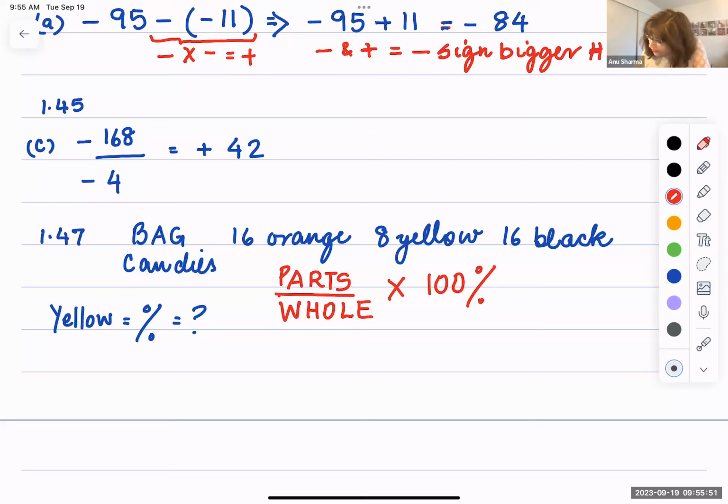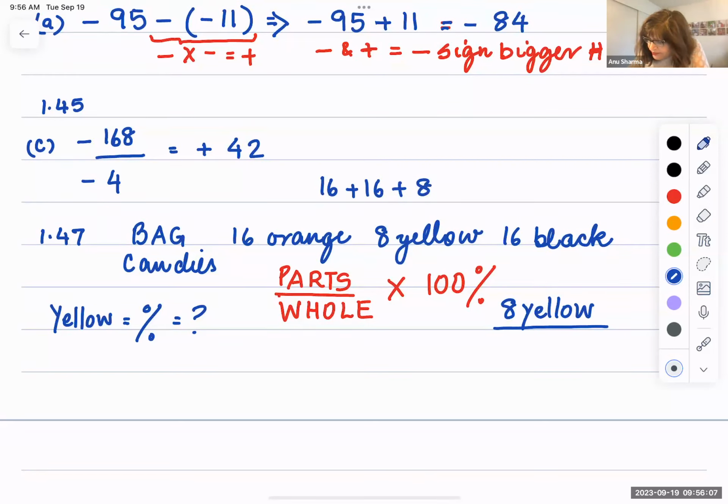Okay, sorry, guys. So here we have the yellow. Yellow is 8 over the total. So the total is what? 16 plus 16 plus 8, and that is a total of 40 candies, times 100%.